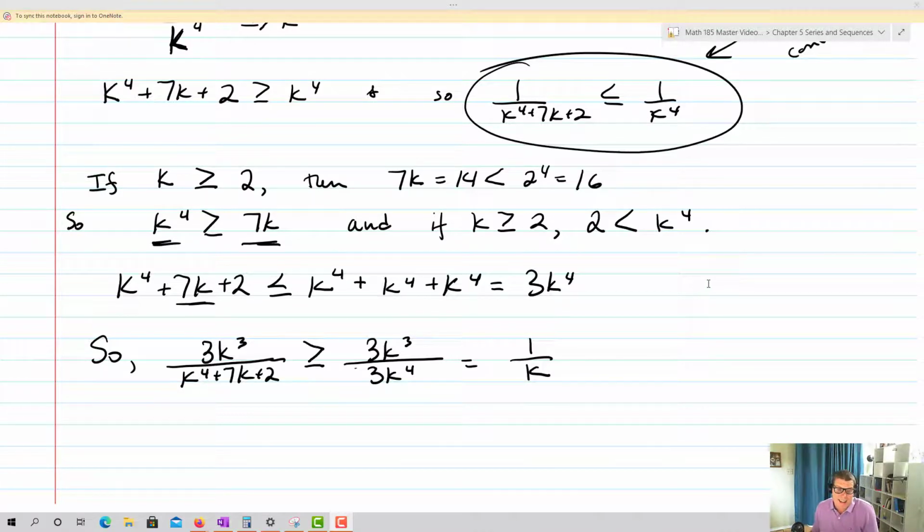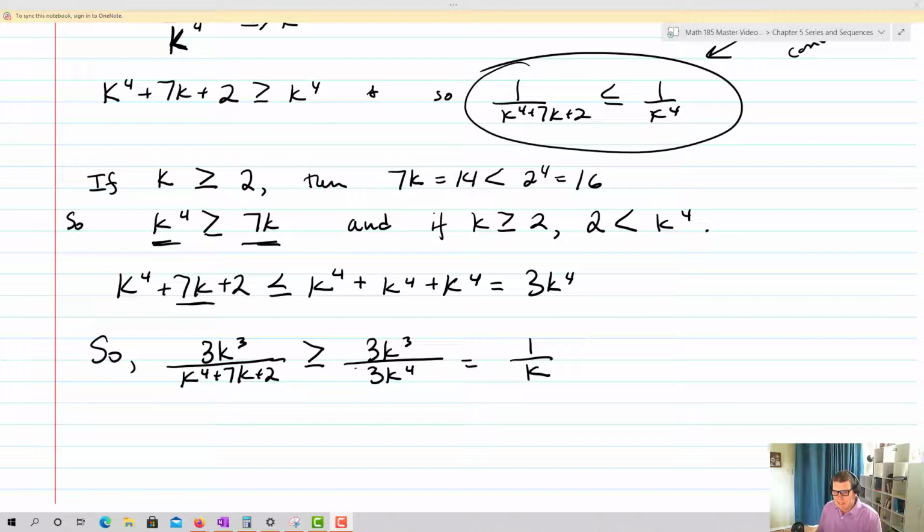With that stated, we now show that 1 over k is in fact divergent, right? So our series is going to end up being bigger than the chosen series that in fact diverges, and so by the comparison test, that allows us to state that this is a divergent series.